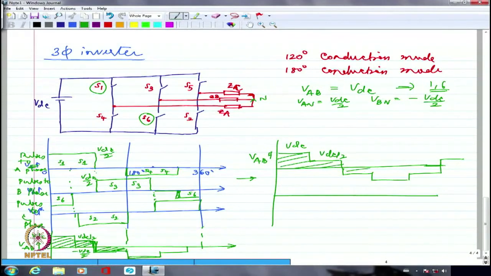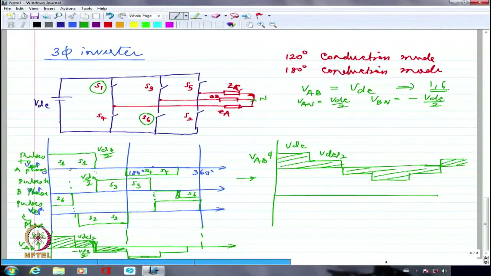Please note, what we applied was just VDC, but we are essentially getting 2 levels of voltage on the positive side and 2 levels of voltage on the negative side as well, as far as the line-to-line voltage is concerned. If I look at the line-to-line voltage, it is going to oscillate between VDC by 2 and VDC every time in the positive side as well as negative side.